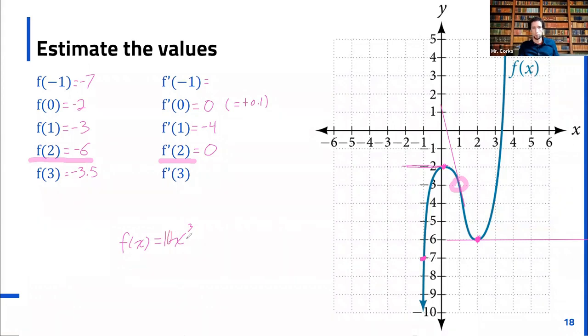I don't know, 10x cubed or something. So if we look at the function mathematically, it's impossible to have a situation where the same x value gives 2 different y values. They'll always be unique. So it can't be undefined.